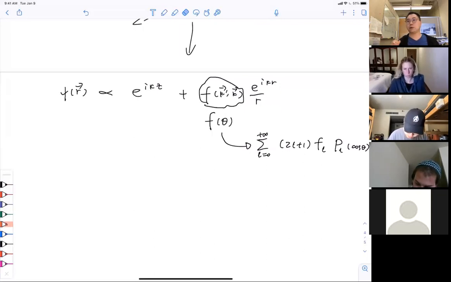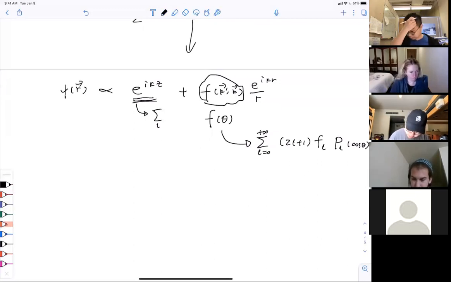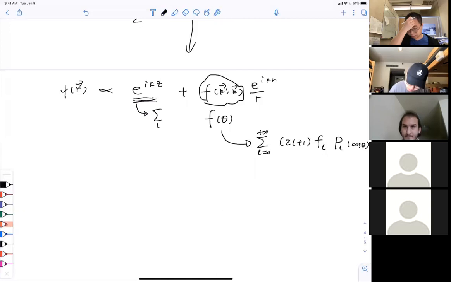Of course, it's always convenient to express the whole function in different sectors labeled by L, meaning that we also want to expand this wave function in terms of this L. You can do that, and I believe it was done in the past.